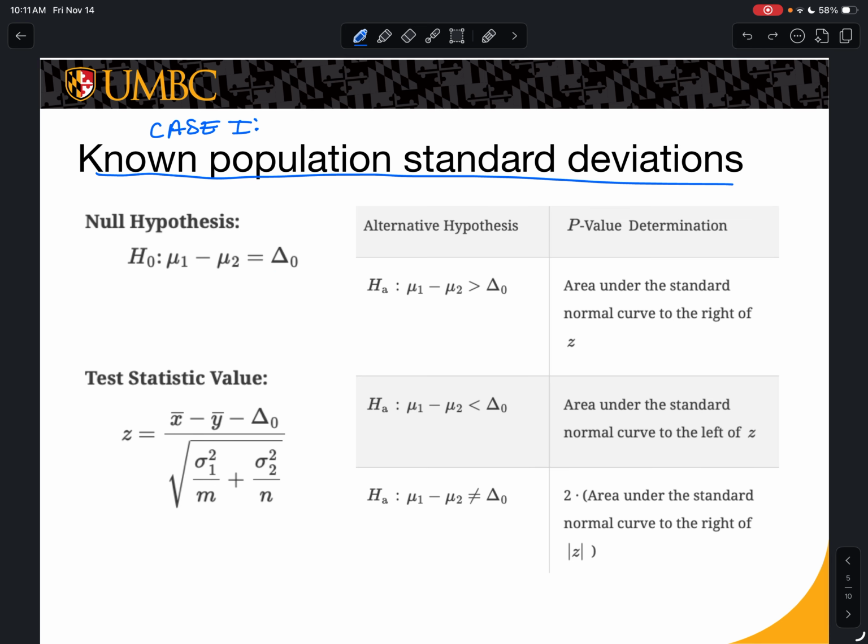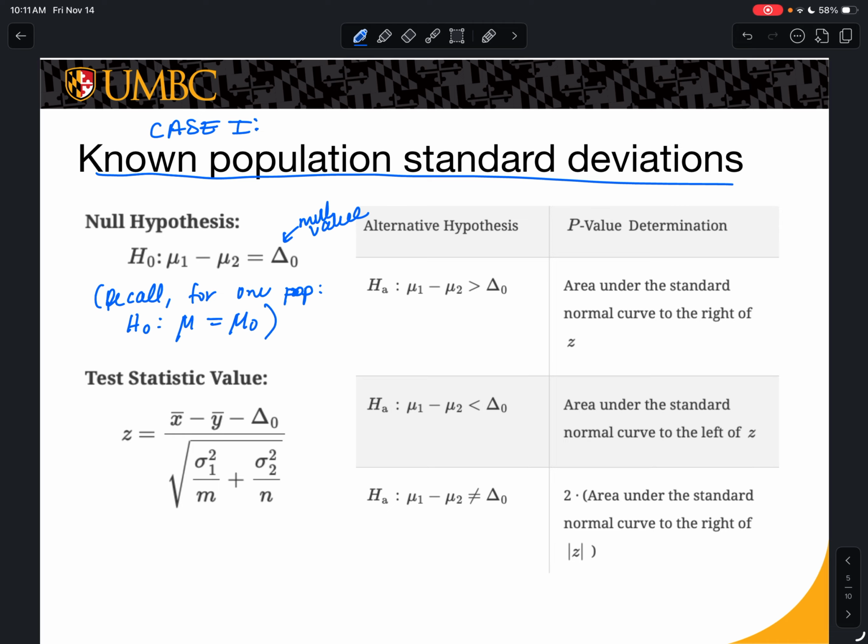Okay? And that is the null value. So let me write this down. The null value. And so just recall, for one population, we had that the null hypothesis looked like mu equals mu naught.